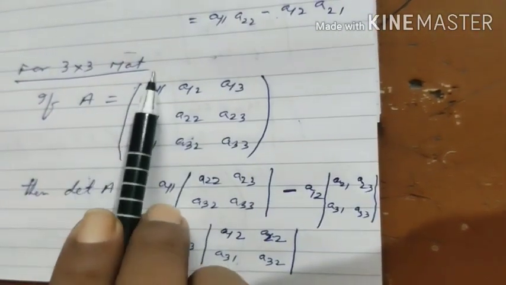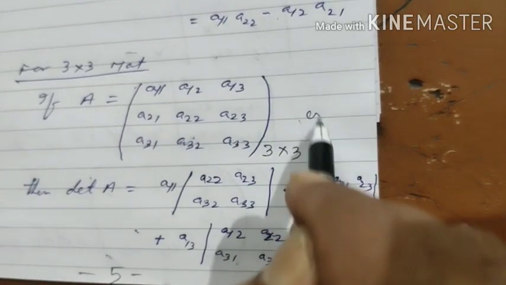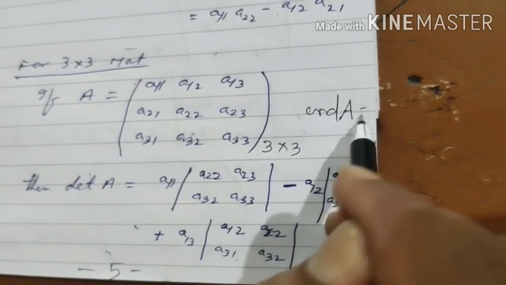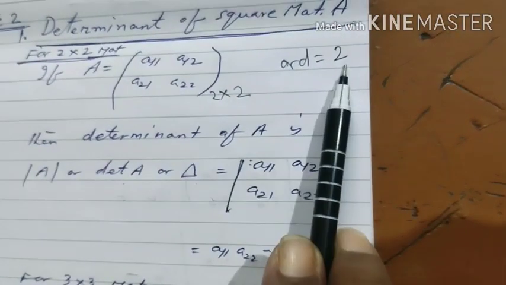Similarly for a 3 by 3 matrix, the order is 3. For a 2 by 2 square matrix, the order is 2 only, and here the order is 3 only.